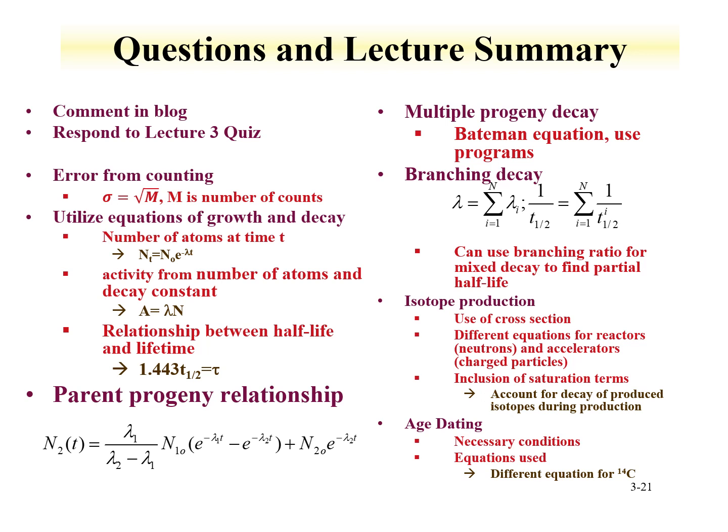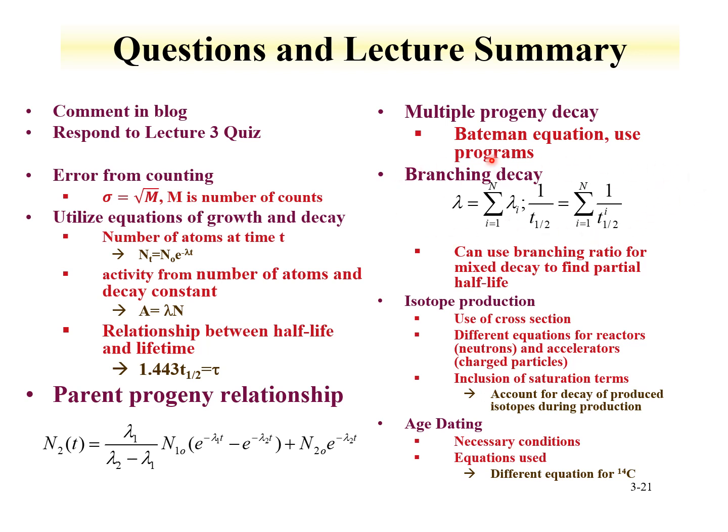Relationships were also presented that can simplify this equation based upon the half-lives of the parent and the progeny. You should be able to do calculations for multiple progeny using programs and understand that the Bateman equation is used to do multiple progeny. However, you will not be asked to calculate the Bateman equation or develop programs or spreadsheets for doing the Bateman equation.